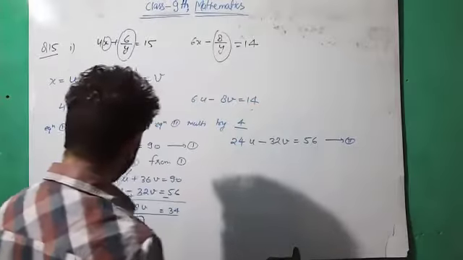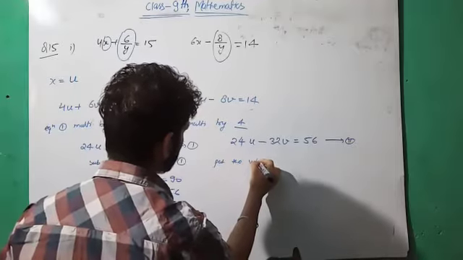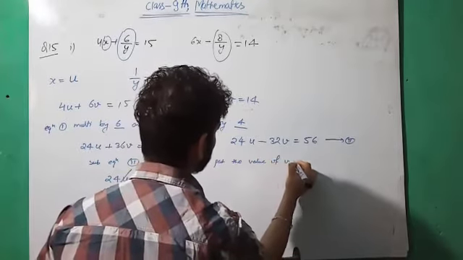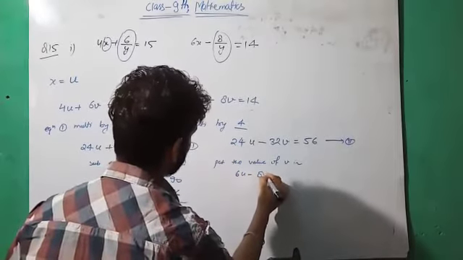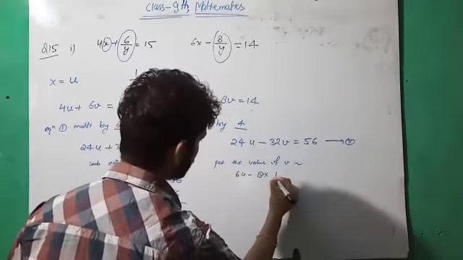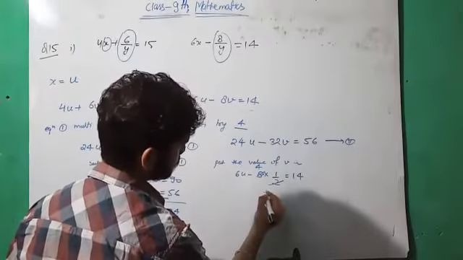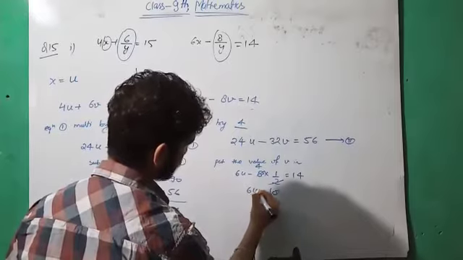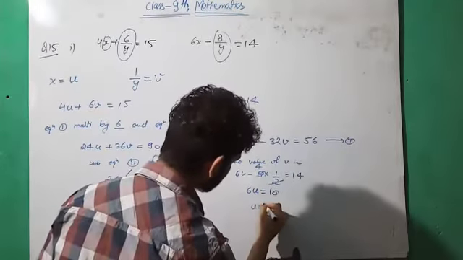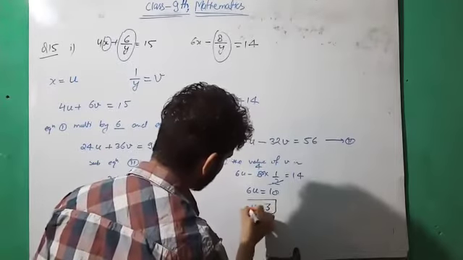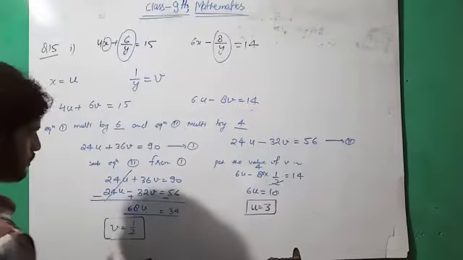Put the value of v in 6u minus 8 into v. v is 1 by 2, equal to 14. So this is 4, and 14 plus 4 is 18. 18 equal to 6u, so u equal to 3. u equal to 3 and v equal to 1 by 2.